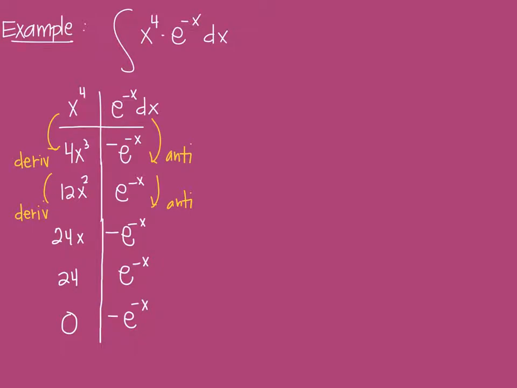Now in the original integration by parts method, we start our answer by pairing up this diagonal combination. And that's exactly how the next step goes. You're going to pair those two together. So that would be x to the fourth times negative e to the negative x. And then it was minus.